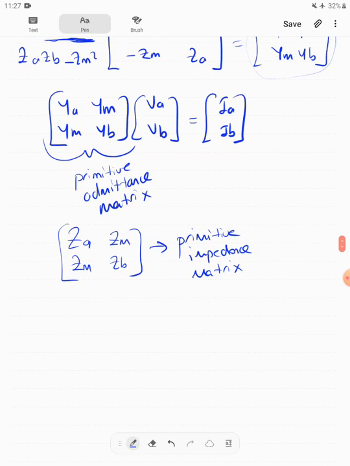So we can say that the inverse of the primitive impedance matrix is equal to the primitive admittance matrix, or vice versa. So as you see, they are reciprocal of each other.